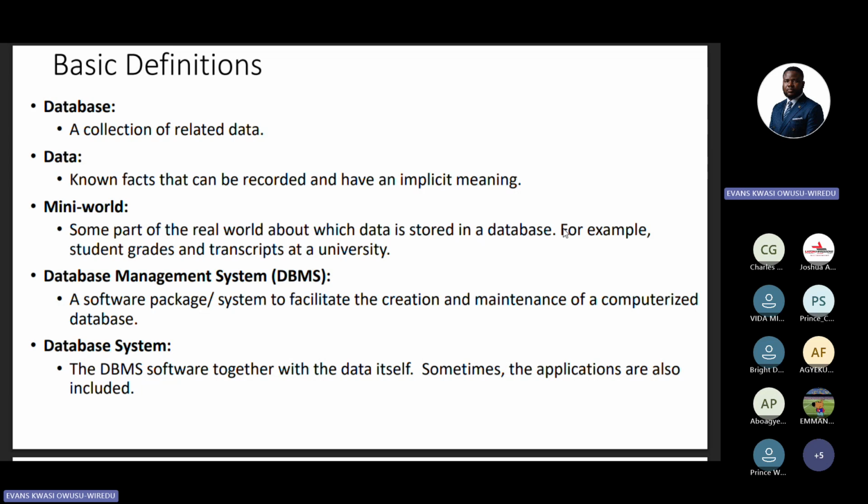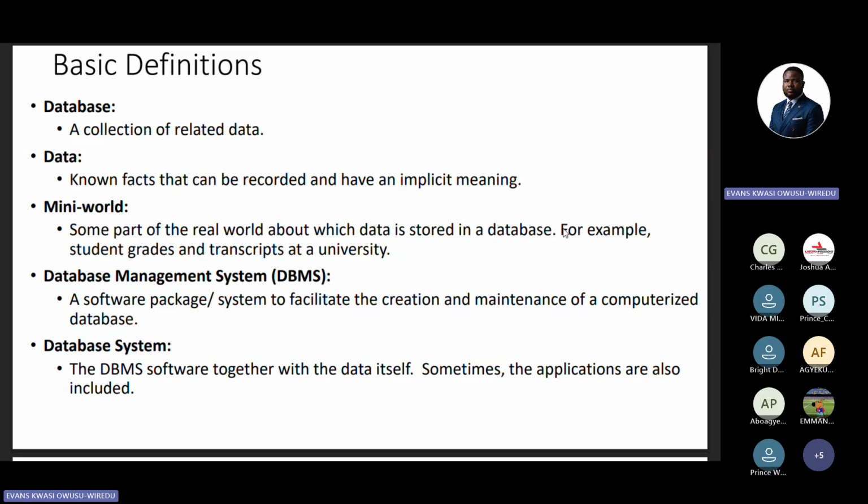This is also known as mini world when you come into the DBMS field. So the area that has been assigned to you to fetch your data, that is what is termed as the mini world. So when you see it in your exam next time, be able to blow it and do well, right?